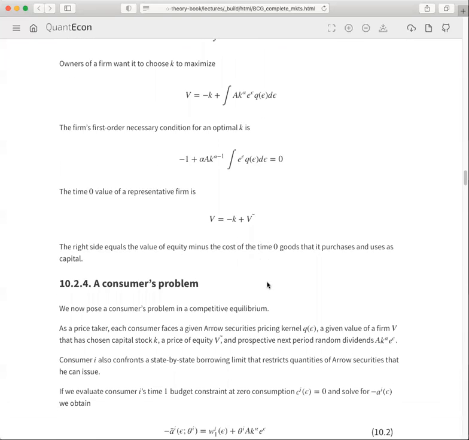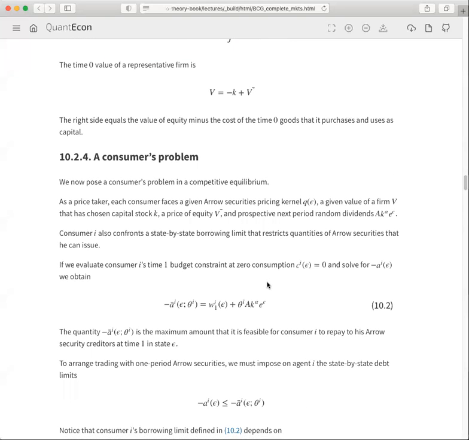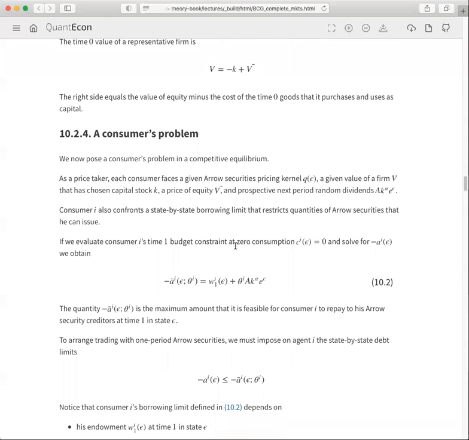Okay. Consumer's problem. As usual, one of the first things we have to do is figure out what borrowing limits are when we're trading these Arrow securities.